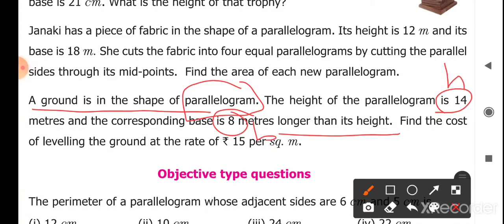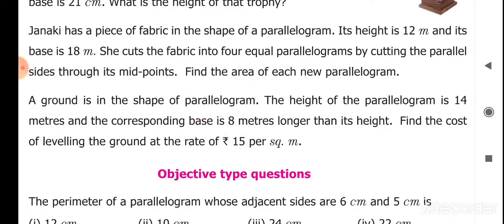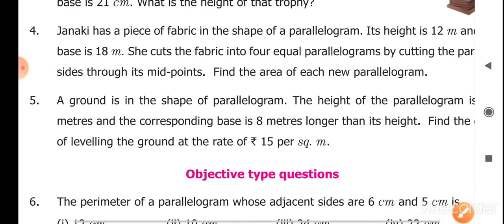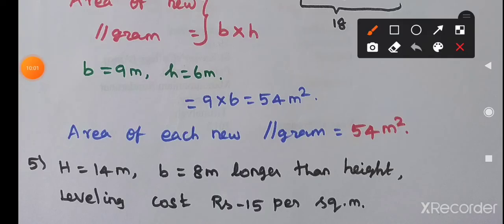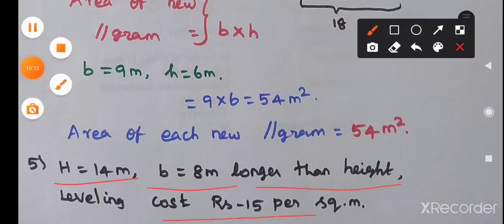Then find the cost of leveling the ground at the rate of 15 rupees per square meter. For 1 square meter we have to give 15 rupees. Height is 14, base is 8 meter longer than height. Leveling cost is 15 per square meter.